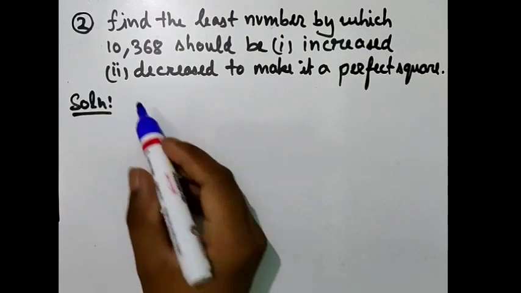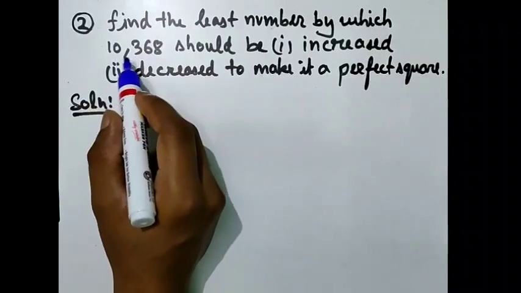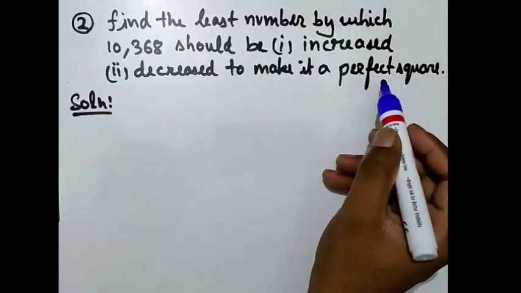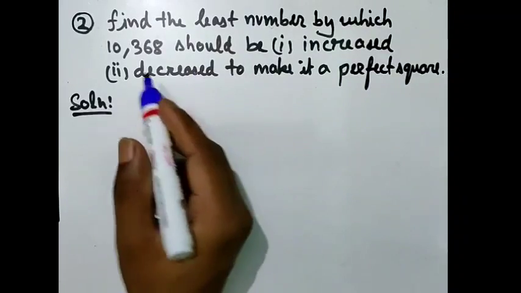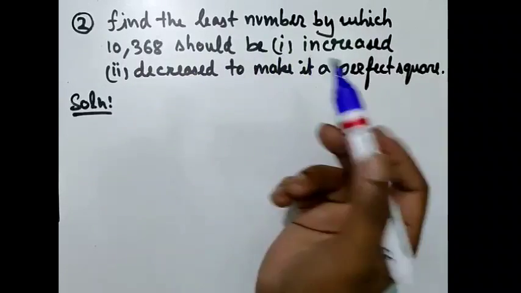So let's look at the next part: what number should be decreased from 10,368 to make it a perfect square. Now we have already found out the square root, and it was lying somewhere between 101 and 102.